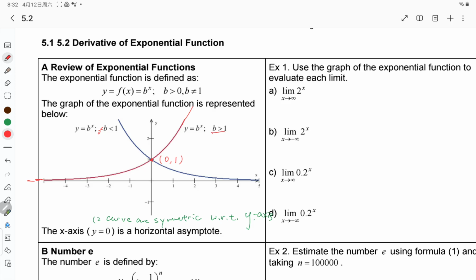Okay, and when b is less than 1, to derive this, you can think of a equal to 1 over b being positive. But sorry, you don't have to think about this. I think so far we just know that when b is less than 1, b to the power x is another decreasing shape.